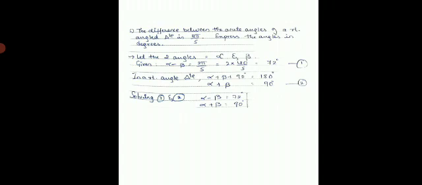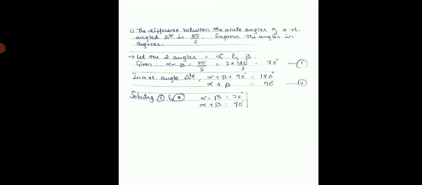Again, in a right angled triangle, one angle is 90 degree and the sum of the remaining two angles will be equal to 180 degree minus 90 degree. Now, shift 90 degree to the right side for simplification. That is alpha plus beta is equal to 180 minus 90, which is 90.